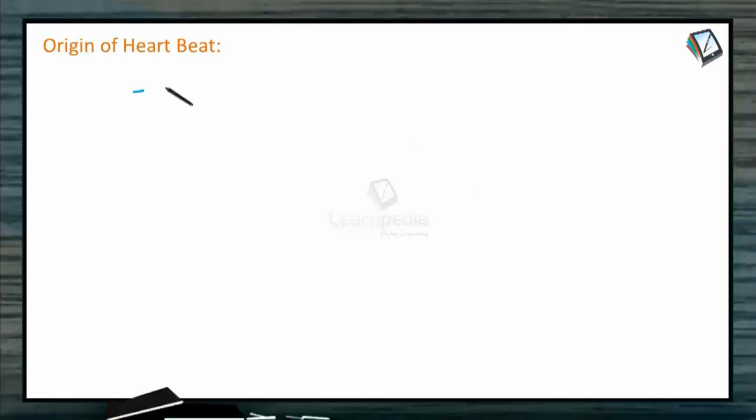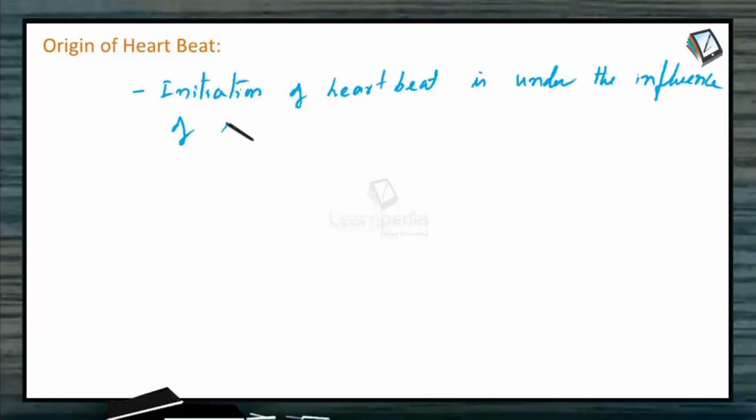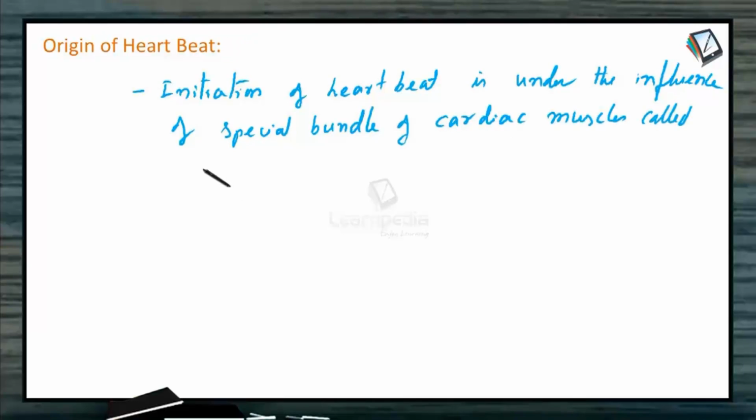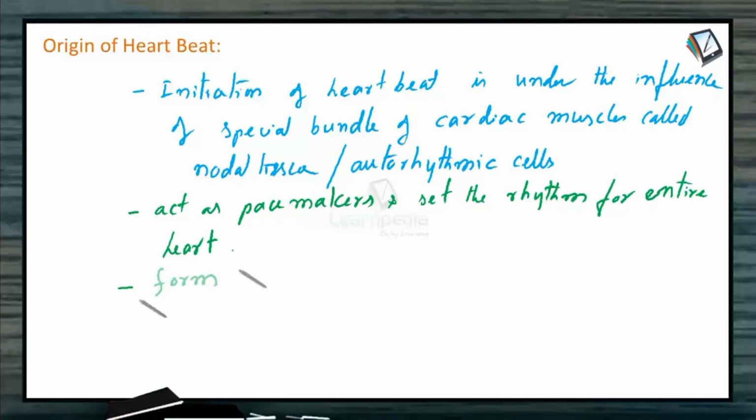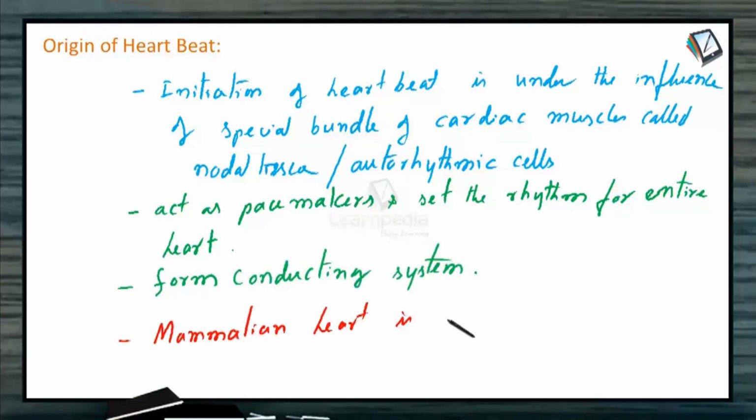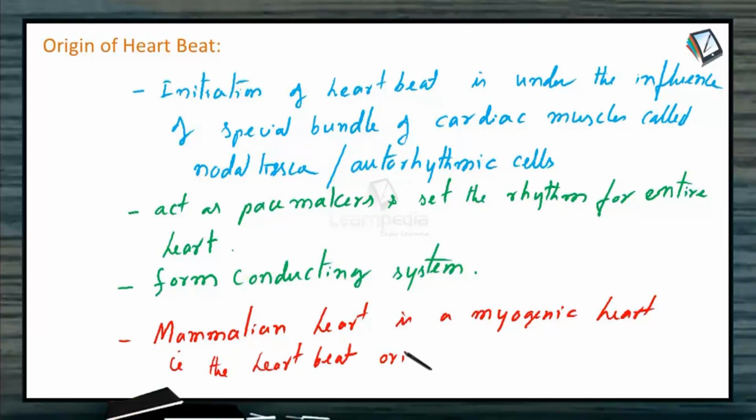Origin of heartbeat. Initiation of the heartbeat is under the influence of a special bundle of cardiac muscles called nodal tissue. It is also called arteriovenous cells. They act as pacemakers and set the rhythm for the entire heart, and they form the conducting system. As you know, the mammalian heart is a myogenic heart, that is, the heartbeat originates from a muscle in the heart.